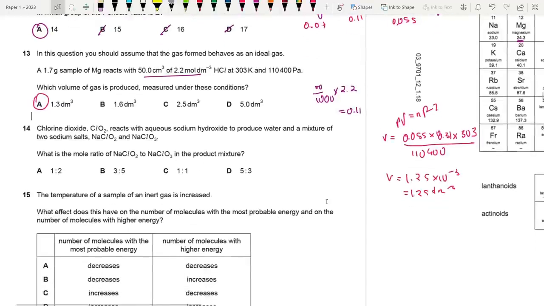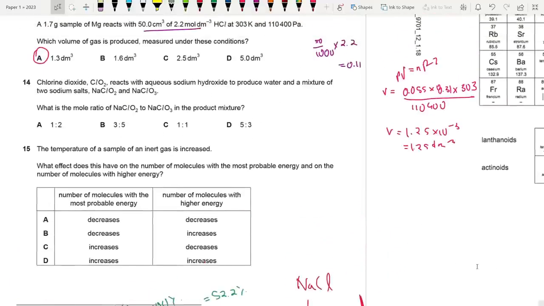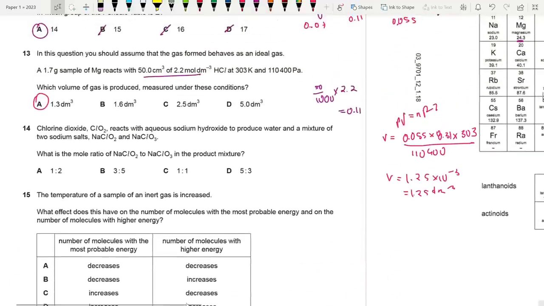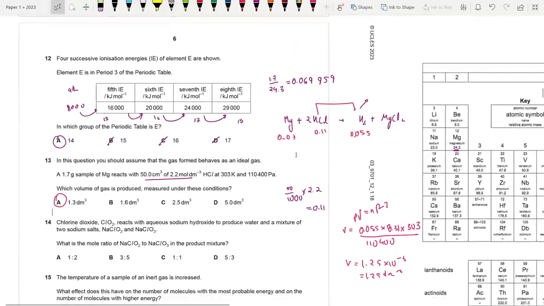Now 14. Chlorine dioxide reacts with aqueous sodium hydroxide to produce water and a mixture of two sodium salts. What is the mole ratio? Okay, let's try to do this. Actually, I need to move this working up top.